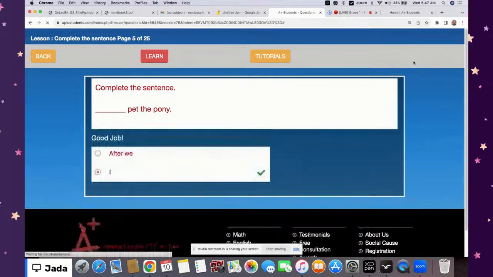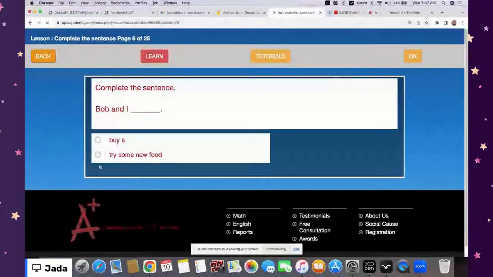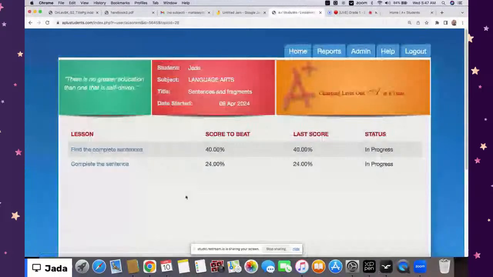Now let me know on the chat box if you have a question for the sentence. Do you have any questions for sentences, naming part, and action part? Let me know on the chats, yes or no, and I can explain to you better.